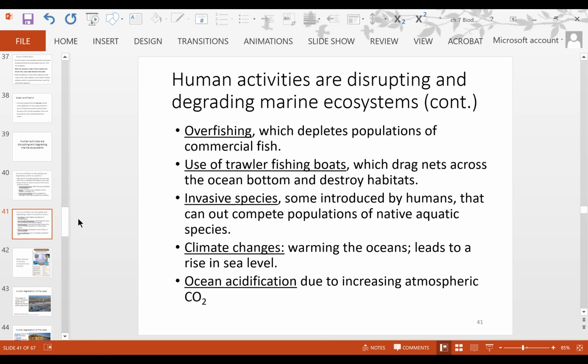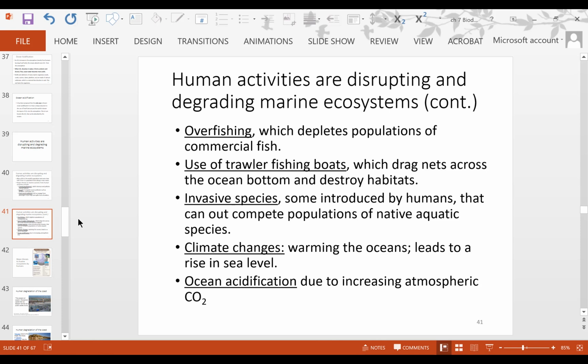Invasive species, for example, fish that may have been introduced by humans into a marine ecosystem, perhaps through fishing, like farm fish.